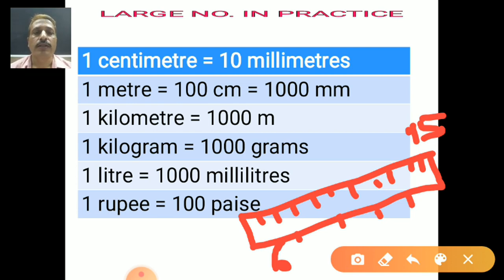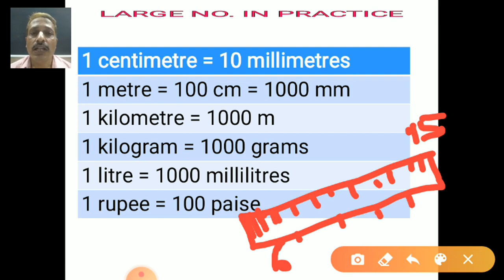Okay, student. Now, see what is the relation between centimeter, meter, kilometer. They are the units of measuring distance. The relation is different for each one. So 1 centimeter is also divided into small cuts.